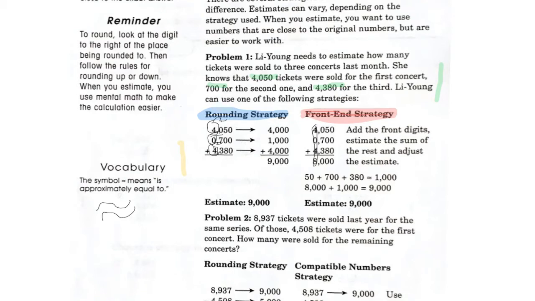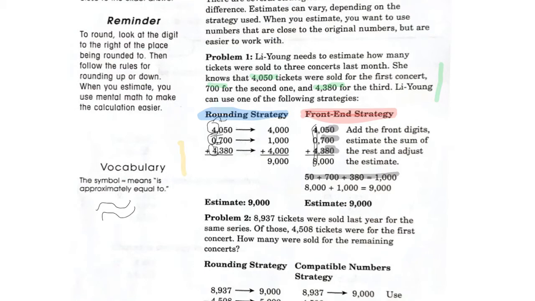Then estimate the sum of the rest. So I just rounded, and the first one, I rounded 50 down here. I got 700. They've all got zeros on the end, so I'm not changing them. And then 380. So I rounded to the nearest 10. When I add those 3 numbers up, I get 1,000.